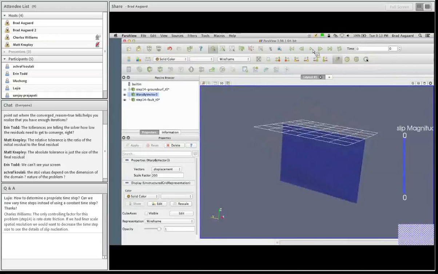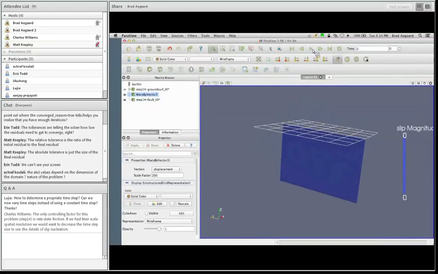The absolute tolerance values depend on the nature of the problem. They don't depend on the dimension of the domain, really. You'll notice that because we non-dimensionalize everything internally within PyLith, the solver tolerances are operating on the non-dimensionalized values.